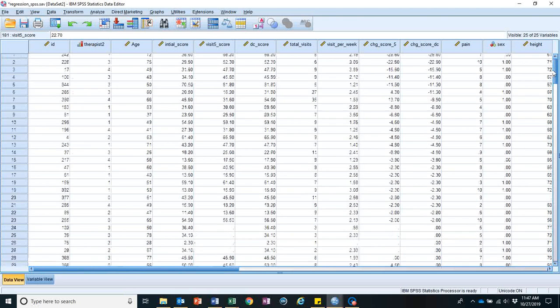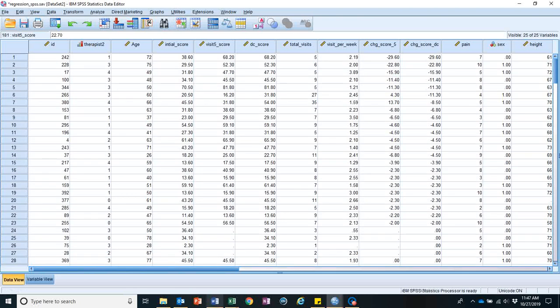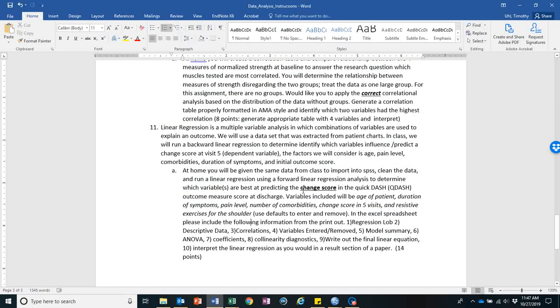Okay, so let's go back to the assignment. What I'm going to demonstrate is that we're going to run a linear regression to determine which factors, which independent or regressor variables or predictive factors, however you want to say it, are most helpful in predicting the change score at visit 5.